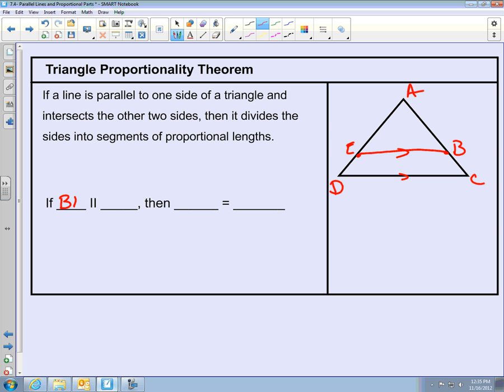So if BE is parallel to CD, then the portion AB is proportional to BC. So that's this top portion here and this portion here are going to be proportional to AE and ED, so the sides on the other portion of the triangle.